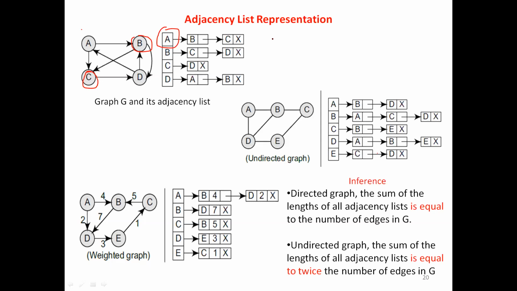Compare with the adjacency matrix. Here it takes only two elements, whereas in case of an adjacency matrix it takes 4 elements, because there are 4 nodes, so it requires 4 additional spaces. Additional spaces are required in case of an adjacency matrix, but not in case of an adjacency list.